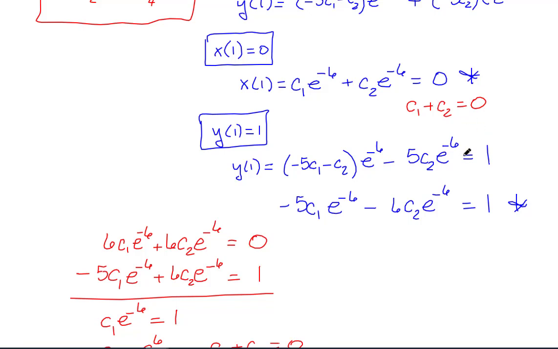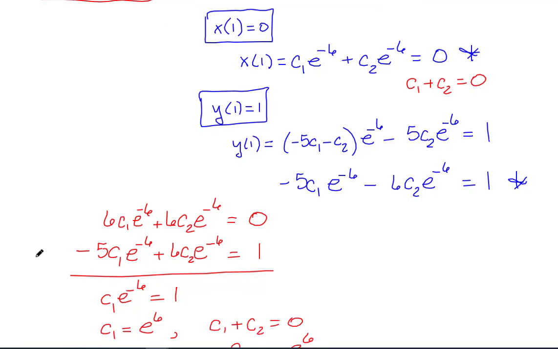And when I plug in y of 1 equals 1, that makes things extremely messy. So we've got a second equation. If you look at it in terms of these two things in stars, I have two equations and two unknowns in C1 and C2.